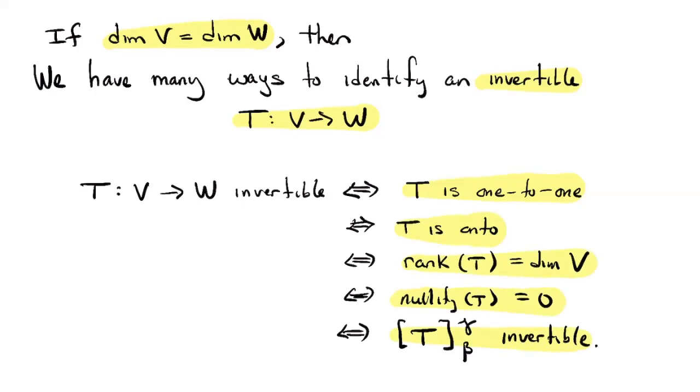So there's lots of ways to check to see if a linear function between two vector spaces of the same dimension is invertible. And in fact, if V and W don't have the same dimension, then we saw last time that no linear map from V to W could be invertible. It might be one-to-one, or it might be onto, but it can't be both if the dimensions aren't the same.